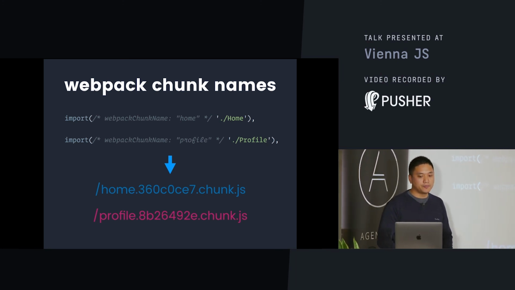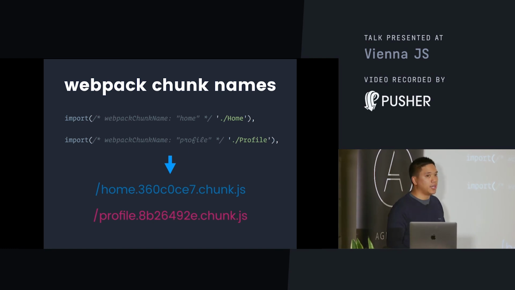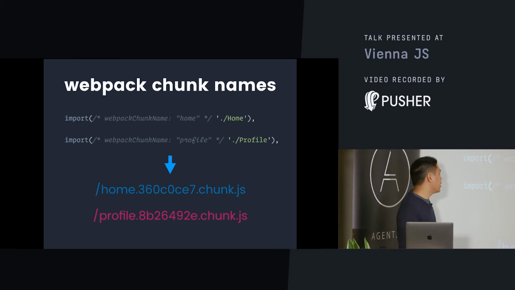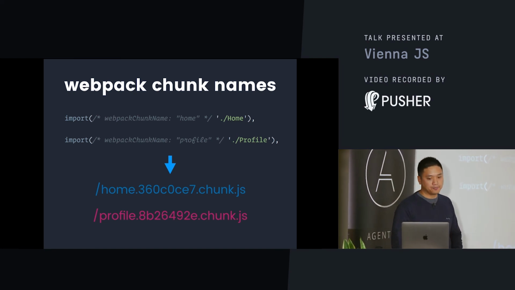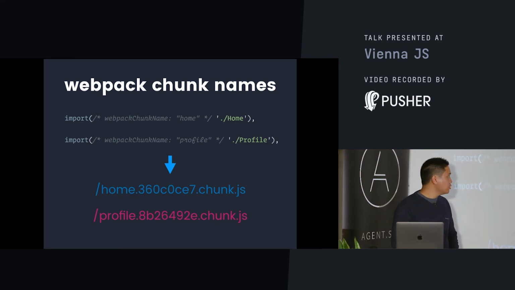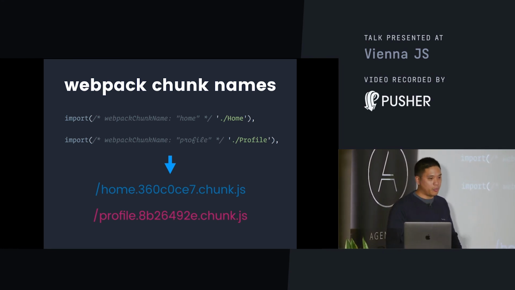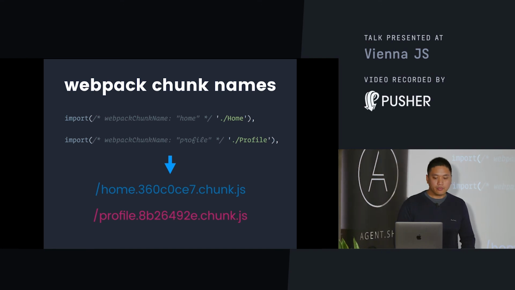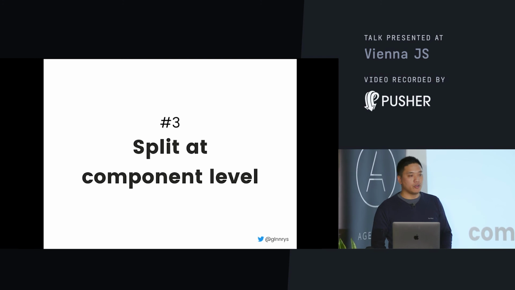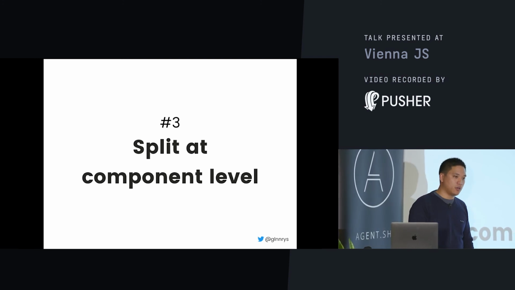And with this, you'll be able to organize and group multiple chunks of modules together and assign it with the same name. And it's pretty neat, especially if you want to use shared code just for parts of the app, right?